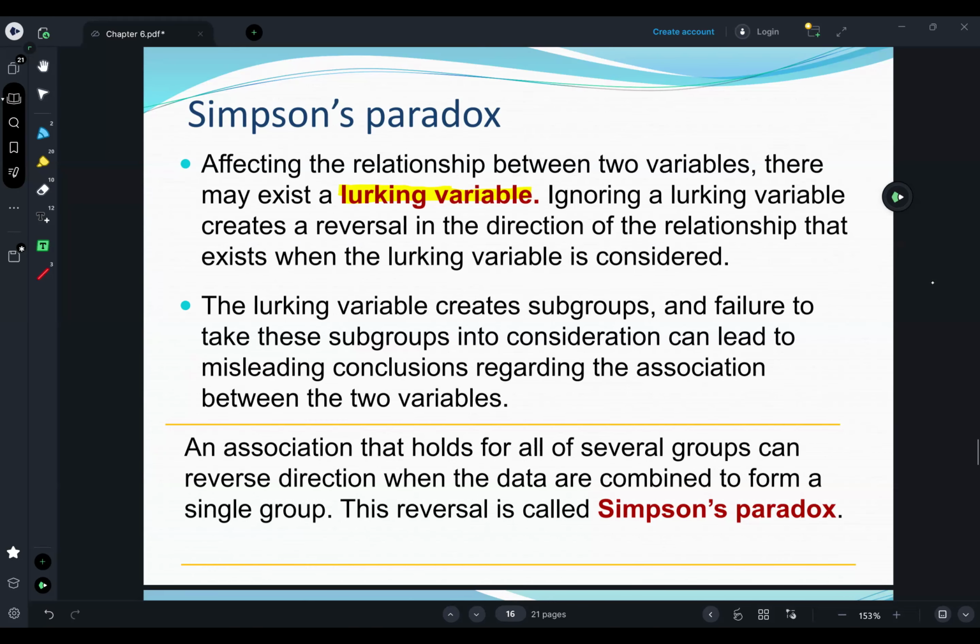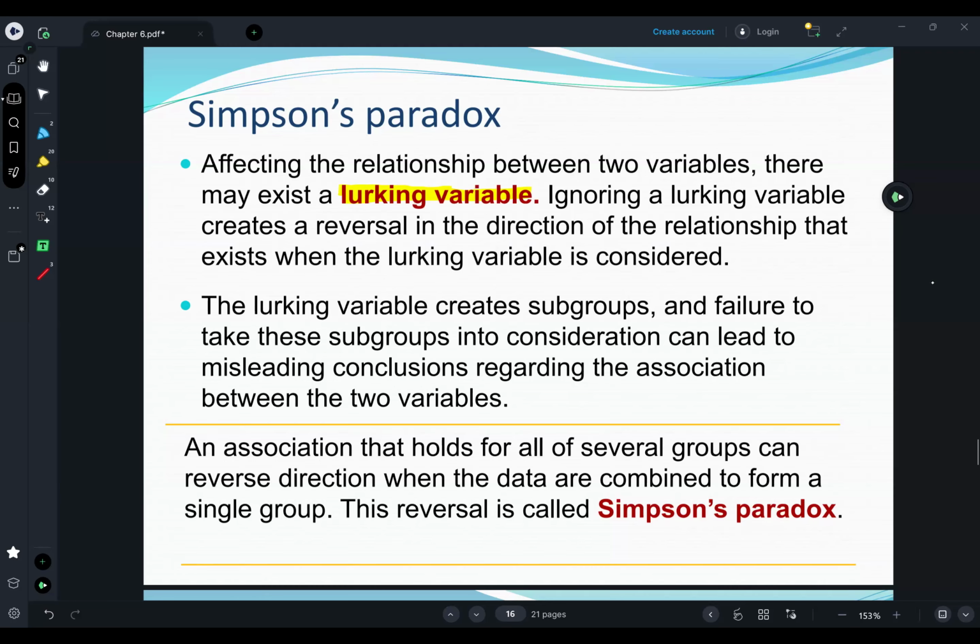But then when they looked at each department separately, they saw there were more females and it was more balanced, except for engineering, which was the only one that was different. There were still more males in engineering.